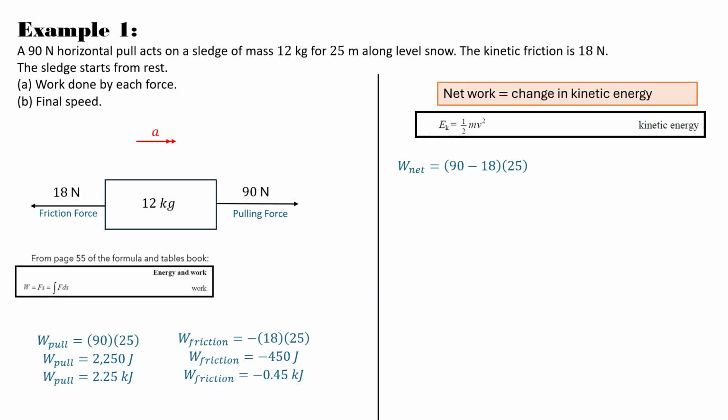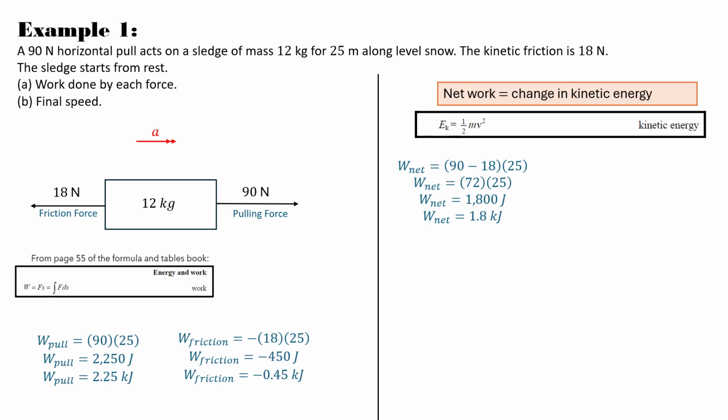If we hadn't done part A, the easiest way is to get the resultant force, which will be 90 minus 18. 90 is positive because it's in the direction of motion, minus your 18, that's your resultant force of 72, times our 25 meters, which gives us 1,800 joules. We can also write that as 1.8 kilojoules.